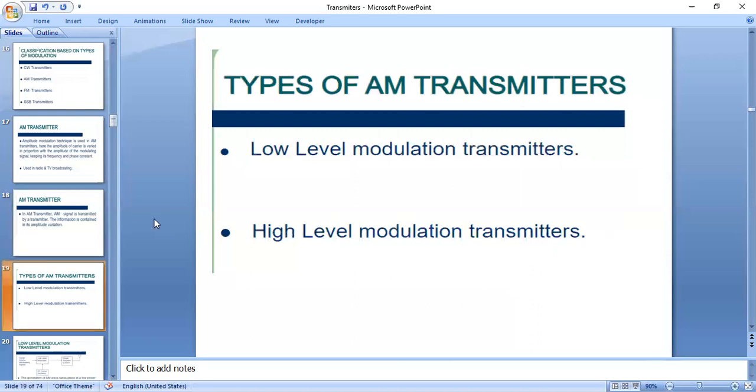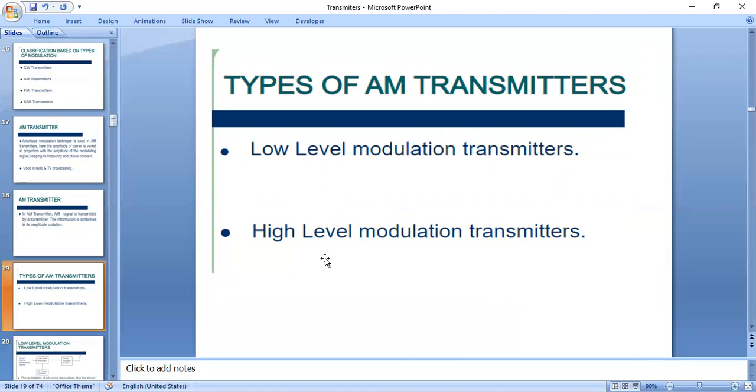The difference between low-level modulation transmitters and high-level modulation transmitters is that in low-level, the modulation is done at a low power level, meaning before the amplification. Here the modulation takes place far away from the transmitting antenna.